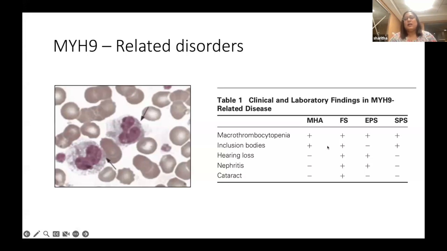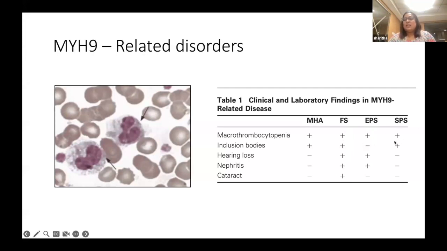Later on, 3 more syndromes were added to this. The Fechtner syndrome had features of macrothrombocytopenia and inclusion bodies, along with features of Alport's syndrome, that is hearing loss, nephritis, and cataract. Epstein platelet syndrome has features of Alport and macrothrombocytopenia, but they don't have the inclusion bodies.